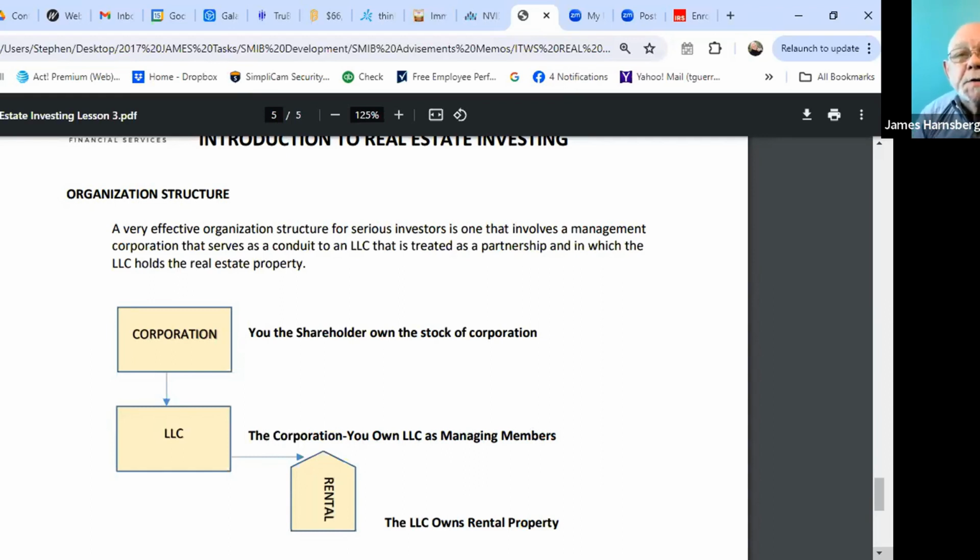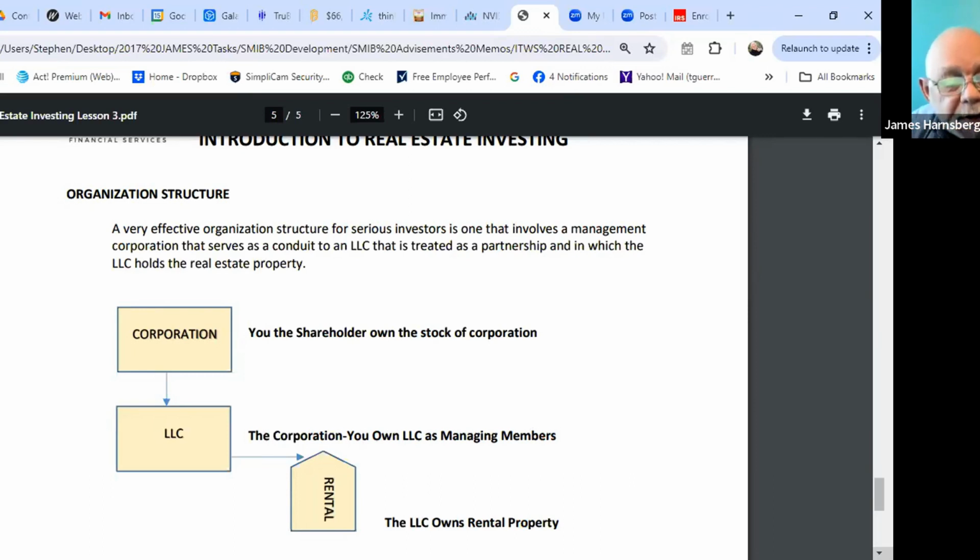You're not subject to the marital joint venture rules because the corporation is not part of your marriage. You don't marry the corporation. You marry your wife or your husband. And so we're not subject to the marital joint venture rules because we've created a different kind of partnership, not a marital partnership.